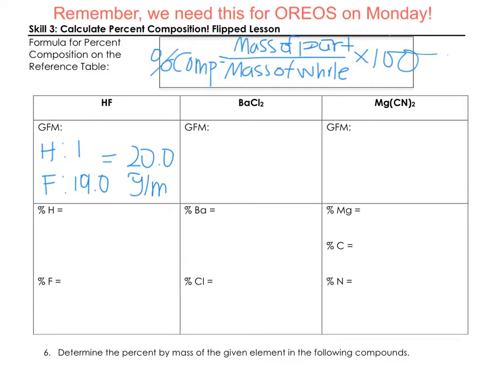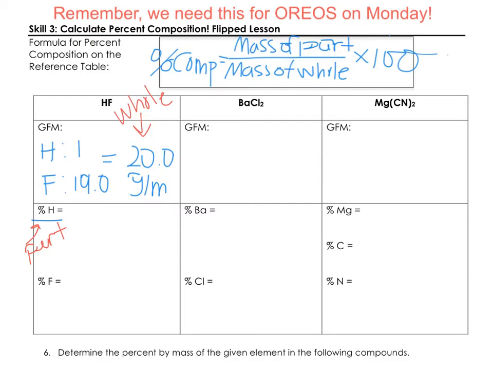What I'm now going to do is use that 20 grams per mole to calculate the percent composition of hydrogen. So I'm going to call the hydrogen the part, and call the whole this guy. The whole is going to be the mass of the whole compound.